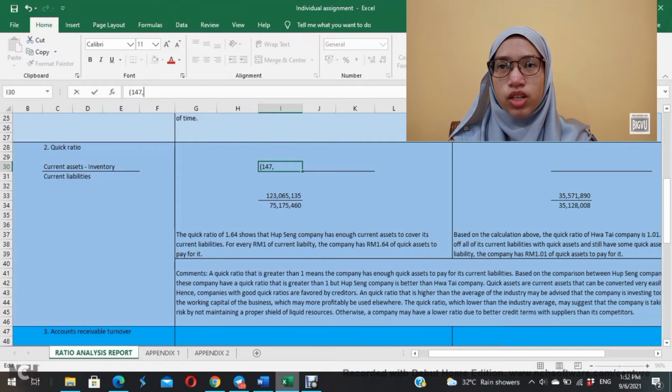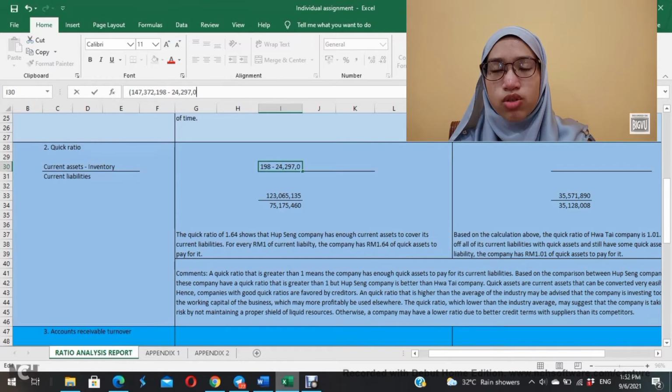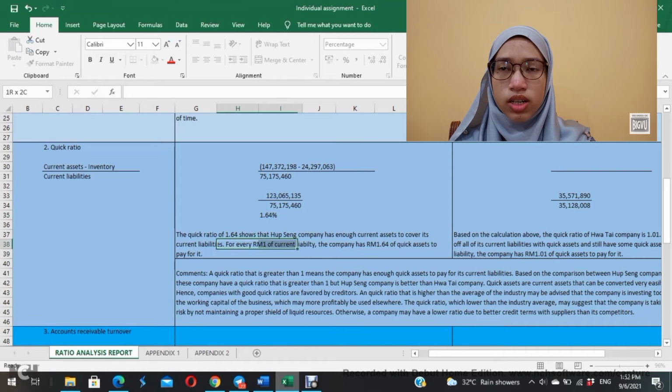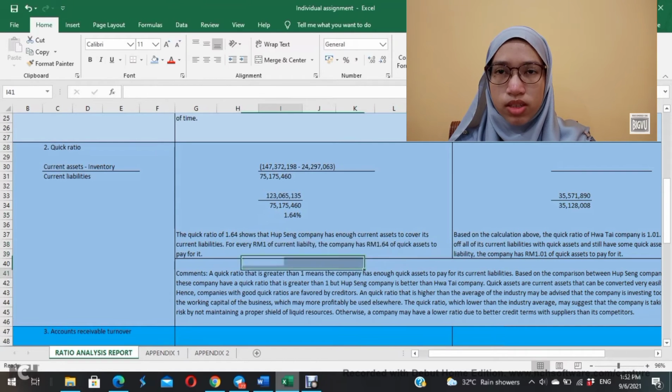The current asset is 147,362,198 ringgit minus its inventory 24,297,063 ringgit and dividing them by 75,175,460 ringgit of its current liabilities, and then we get 1.64 for quick ratio. The quick ratio of 1.64 shows that Hapseng has enough current assets to cover its current liabilities.